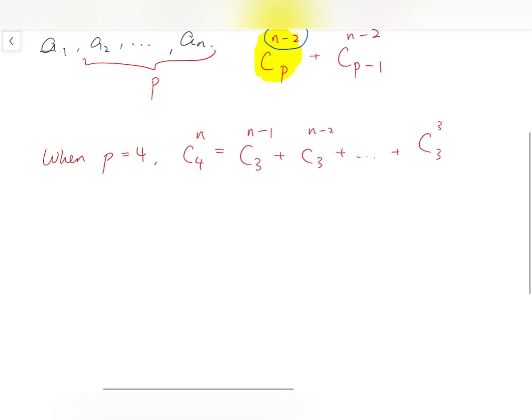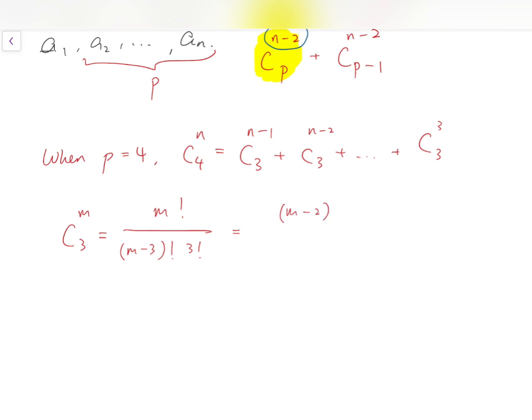Now, for an arbitrary number choose 3, say, let me use another alphabet, m choose 3 is actually equal to m factorial over m minus 3 factorial times 3 factorial, and that's m minus 2 times m minus 1 times m over 6, and this part actually contributes to our series.